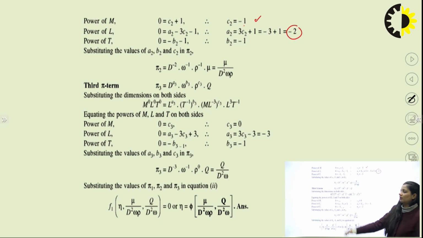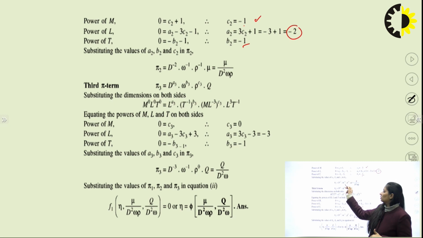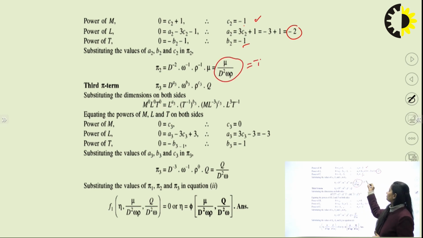And the power of T you can equate, and you will get b2 as minus 1. So now formulate the equation for pi 2, that will come as d to the power minus 2, omega to the power minus 1 and rho to the power minus 1 multiplied by dynamic viscosity. So you will get pi 2 as mu divided by d square omega rho.